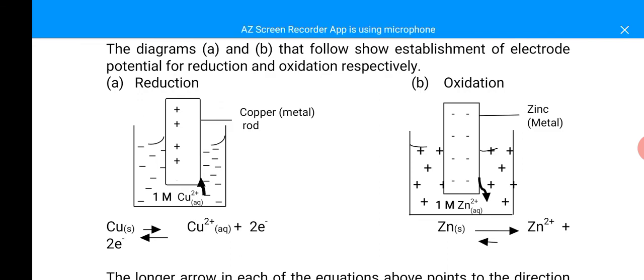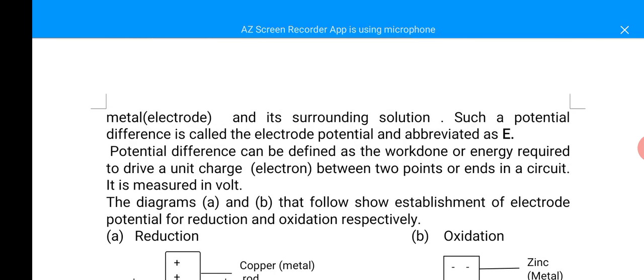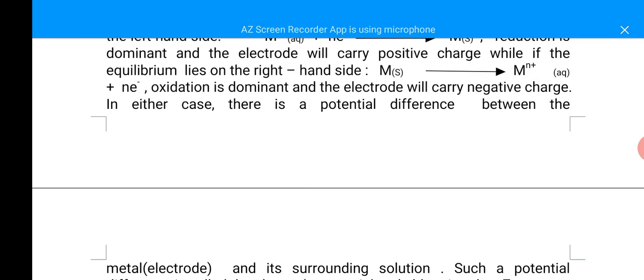This one has oxidation. It will get readily oxidized. Why? Because the electrode here would give its electrons out, and we know loss of electrons is oxidation. I would like to stop here.